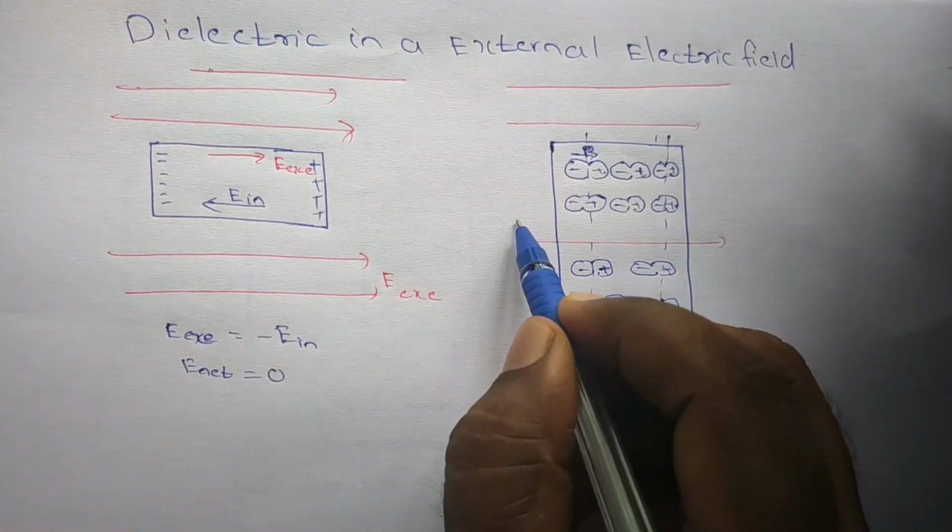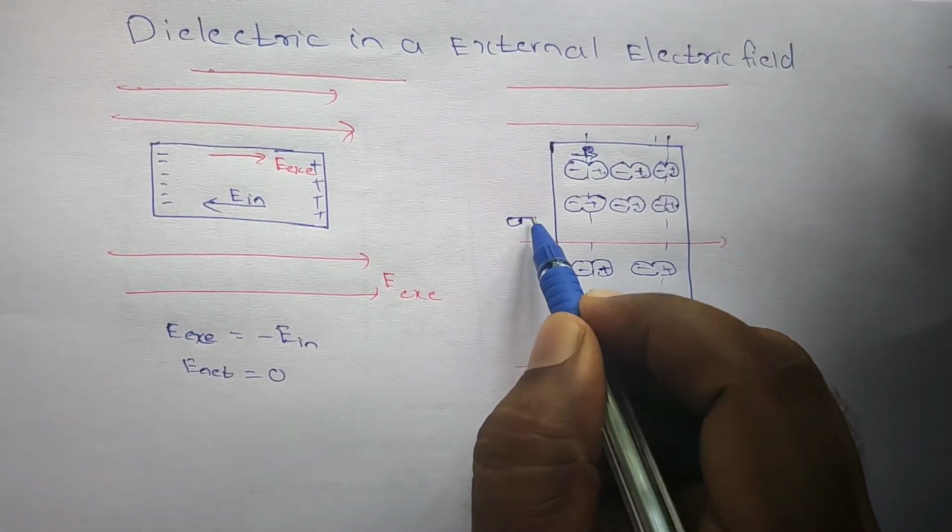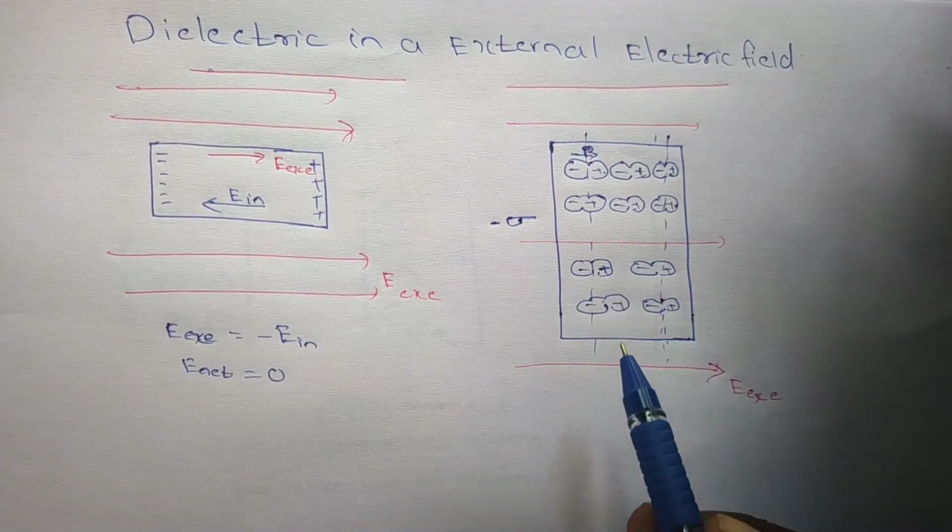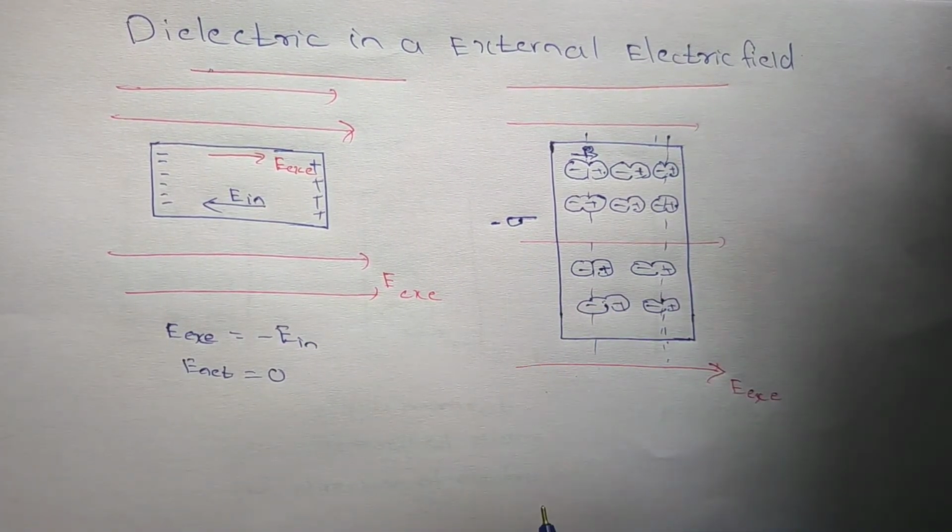So we say there is a negative sigma here. What does negative sigma mean? It is surface charge, negative charges.